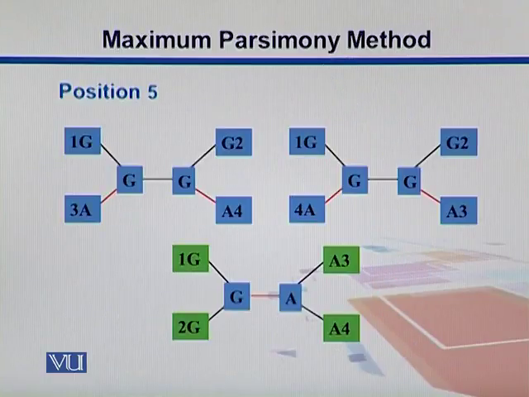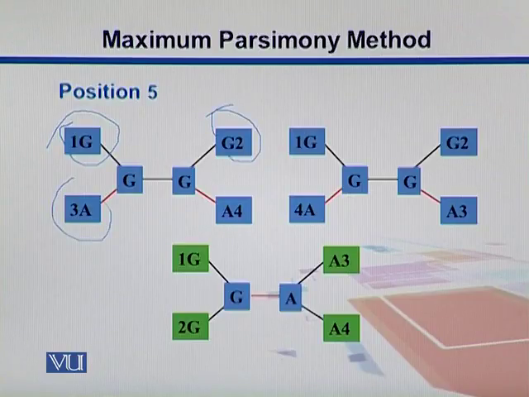Okay guys, so let's take position number 5, or column 5, and we make up these trees. Since we have 4 sequences or 4 leaves in these trees, we can have 3 different possible unrooted trees after we remove the duplicates. In the top left position, we see the tree where we have, here goes our G, on sequence 1, we have G, on sequence 2 G, in the third we have A, and in the fourth we have A again.